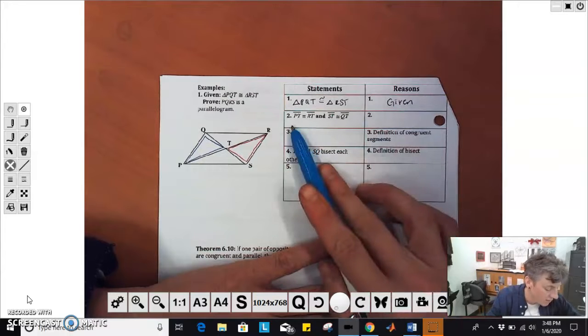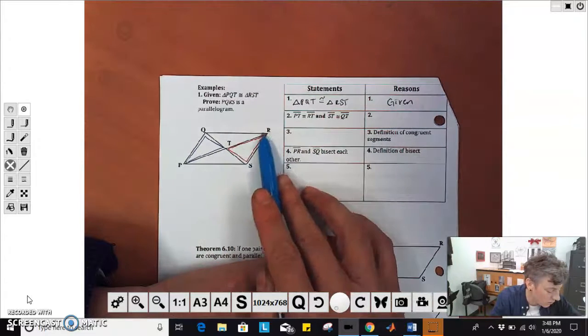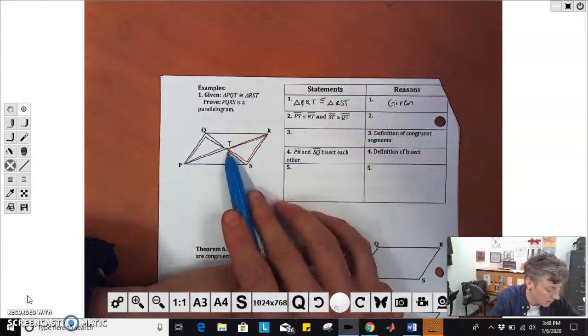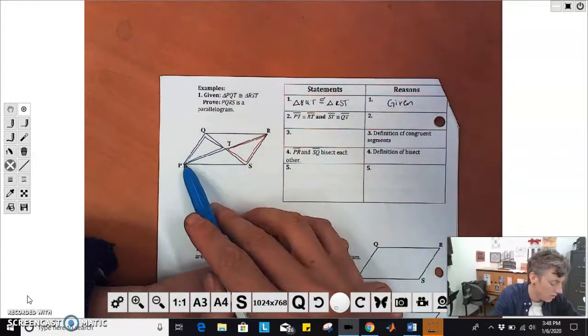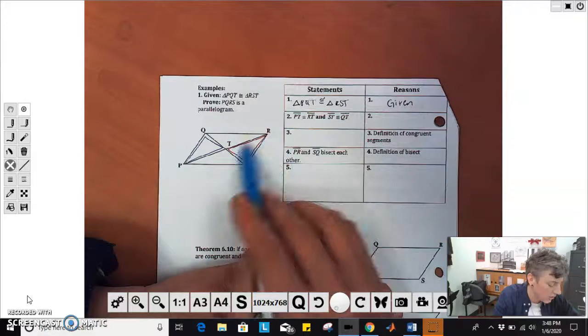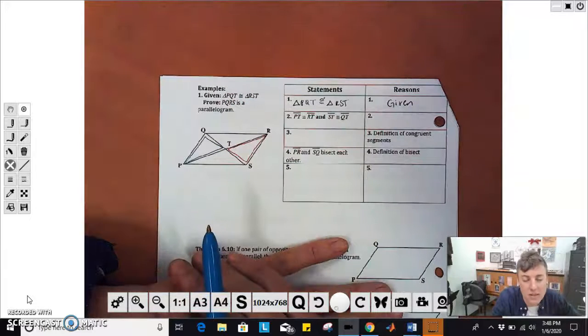They're helping us out here a little bit. They're saying PT is congruent to RT, and ST is congruent to QT. Well, why is that the case? Well, these triangles are congruent. So PT and RT are corresponding sides of congruent triangles.